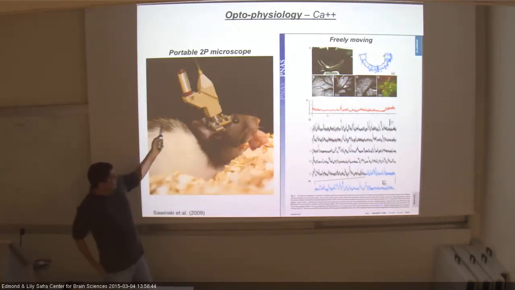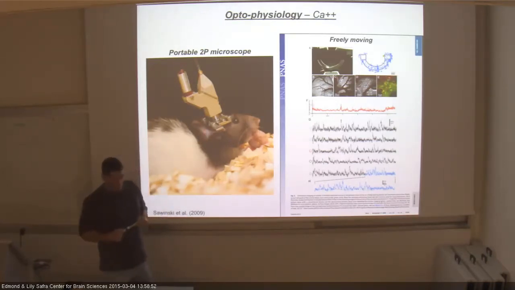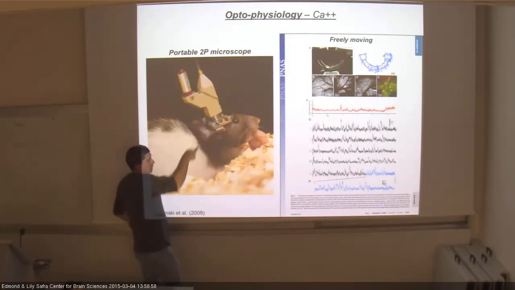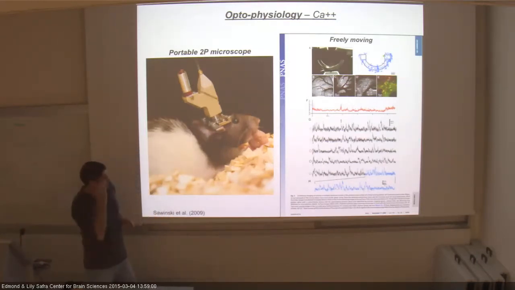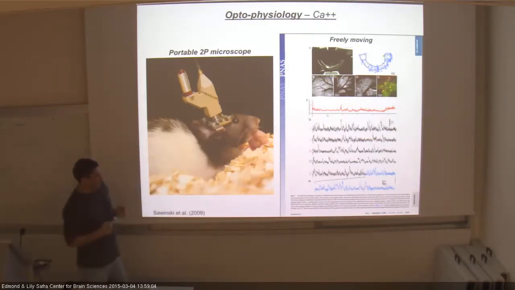Anyway, you can find a few labs in the world who have machines like that, basically building the microscope on top of the head of the animal. Even here, if you go to Eddie Nelken's lab, they have not microscopes, but electrical recordings that they implant on rats while they interact with the environment and things of that sort.